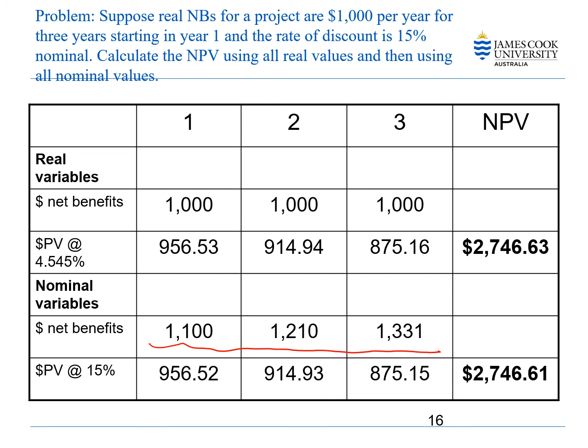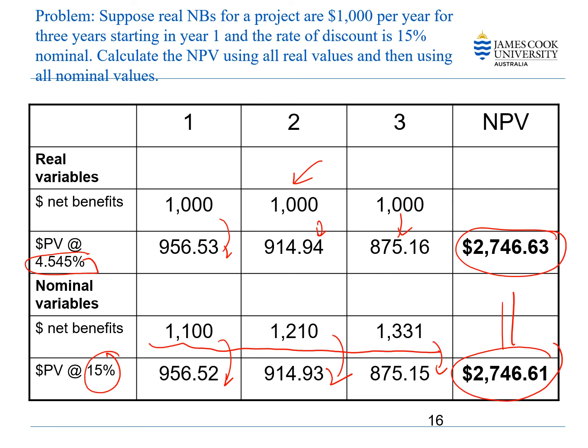The associated real benefits are 1,000, and we discount them back by using the real discount rate. We get this, so that's the NPV. Similarly, discount them back using the nominal rate, which is 15%. Okay, we get this one, and they are the same. Be aware that the difference here is due to rounding.